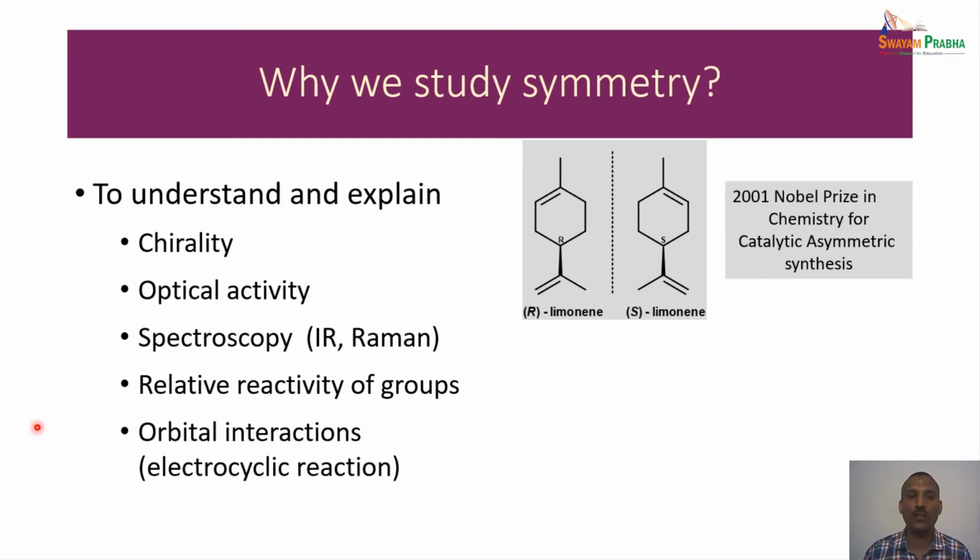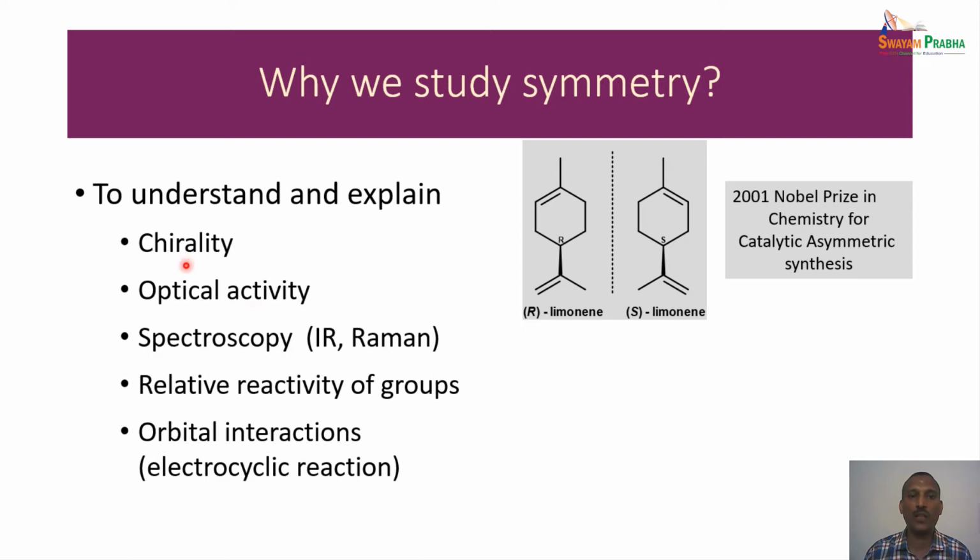And orbital interactions, basically the electrocyclic reactions or pericyclic reactions, can also be used to study symmetry. So these various things can be explained using symmetry elements. That's the reason organic chemists and pharmaceutical chemistry people also study symmetry very carefully.